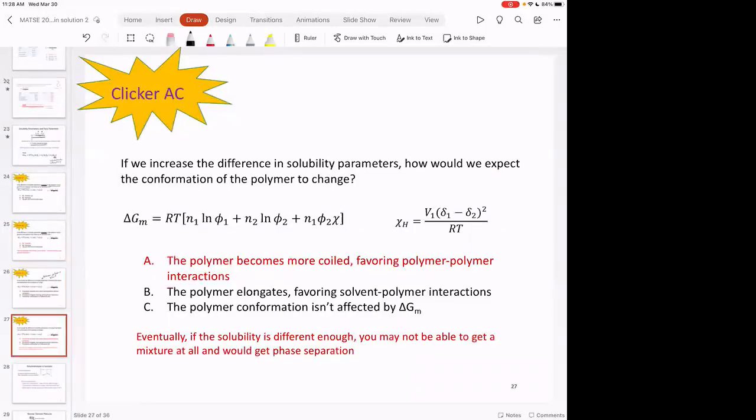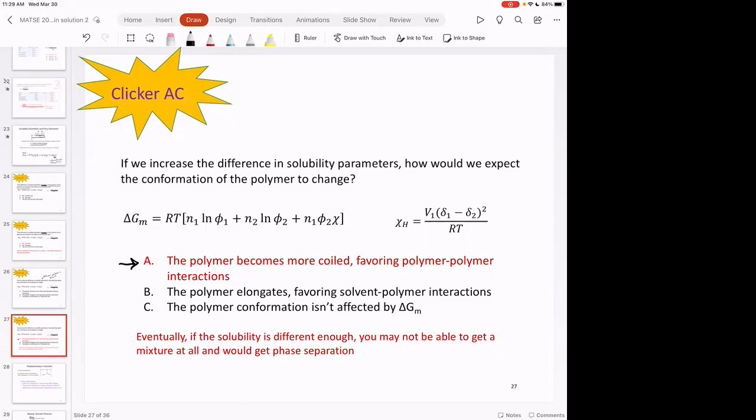And so we know the polymer becomes more coiled as the solvent becomes a poorer and poorer solvent for the polymer. And this is the gist of the questions I'm going to ask. Is it miscible, or does the polymer want to dissolve in that solvent? So make sure you know what miscible and immiscible mean. And we'll talk about how the conformation changes depending on whether the solvent is better or worse for the polymer chain.